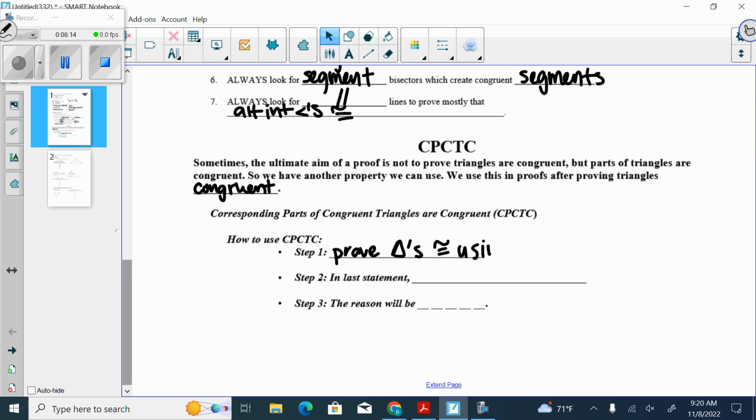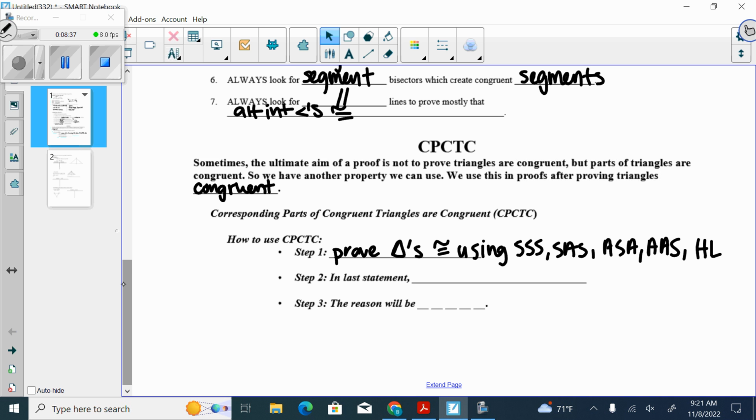using one of our postulates, like SSS, or SAS, or ASA, or AAS, or HL. So basically do the proof that we did yesterday. That's your first step in the process.